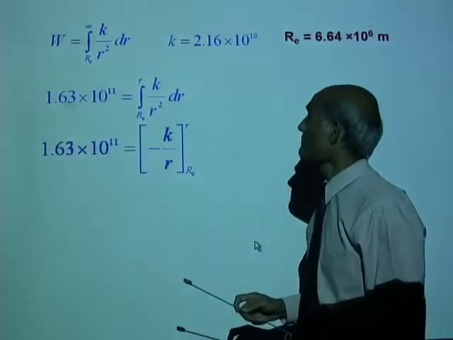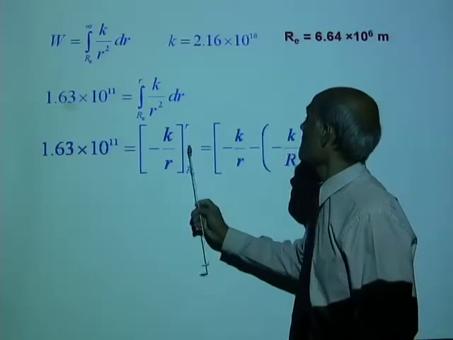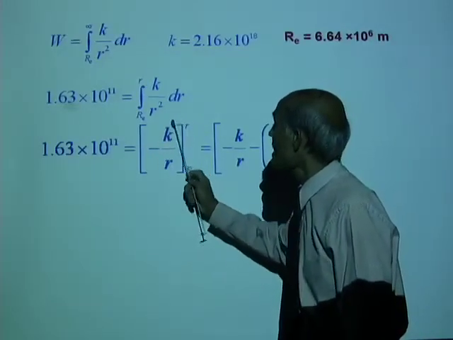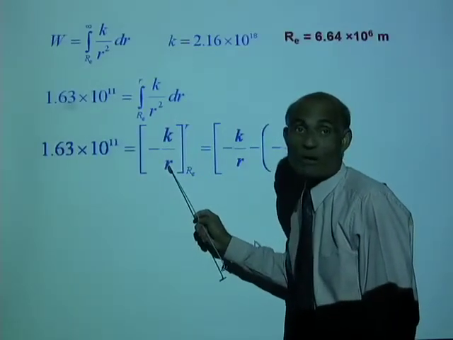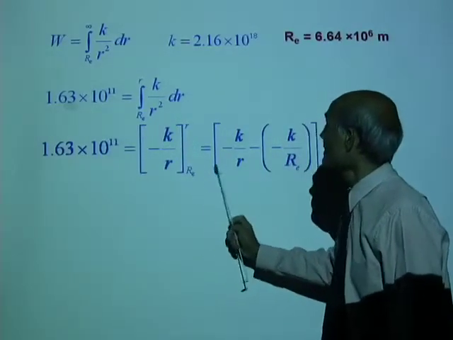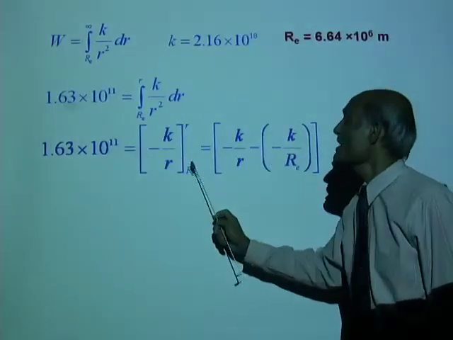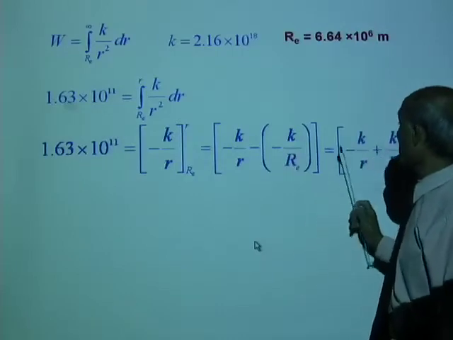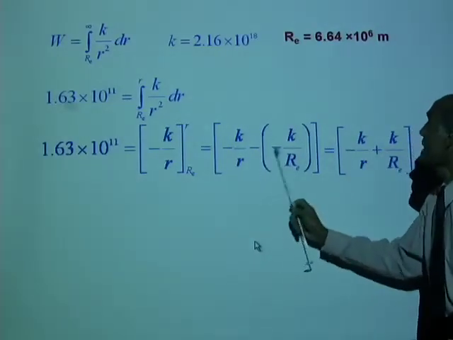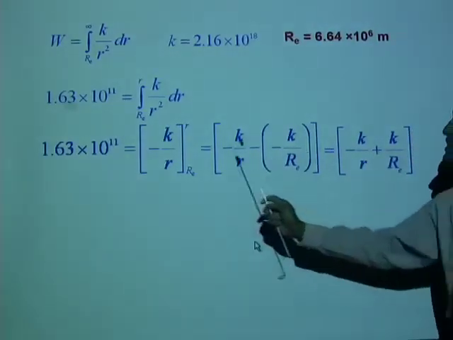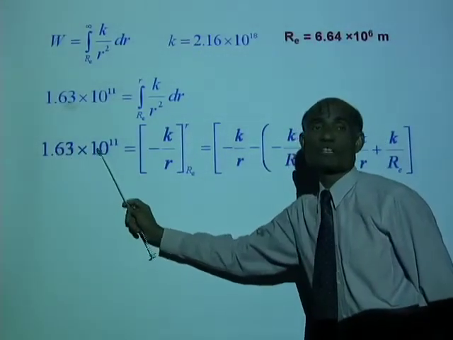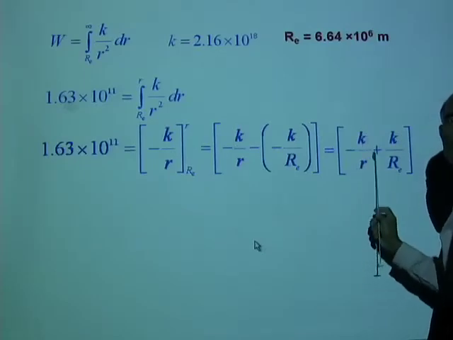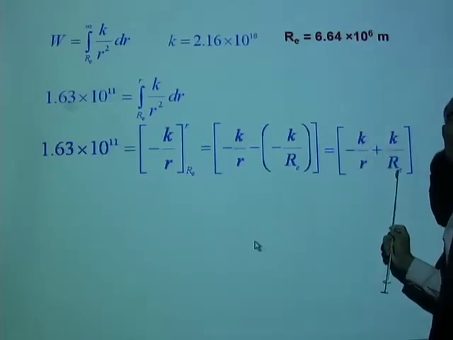And that will be, replace the upper limit, negative K over r, minus negative K over RE. There you go. And now the two negatives make it positive. So you have 1.63 times 10 to the 11 equal to negative K over r plus K over RE.